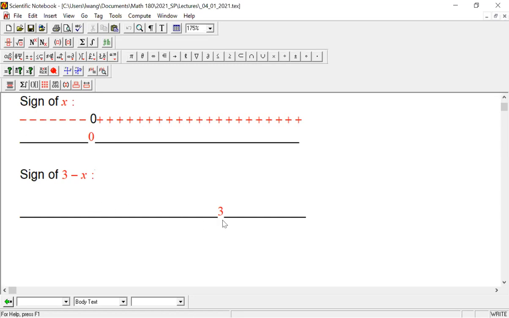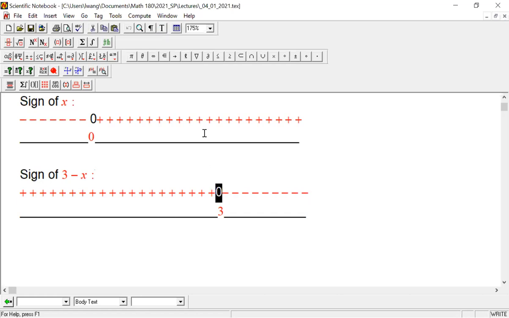When x is less than 3, what is the sign of 3 minus x? It's positive, right? When it is 3, it's 0. When it is larger than 3, it's negative. Do you guys agree?